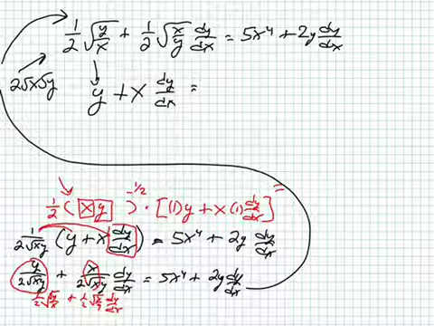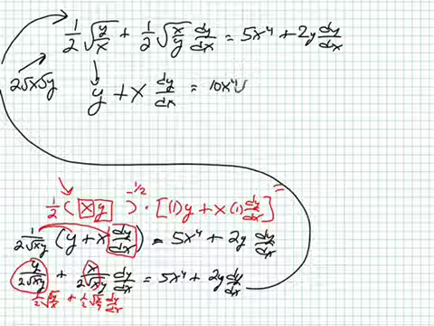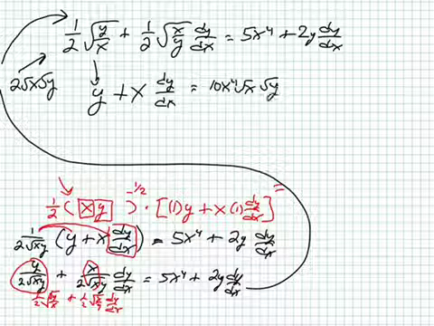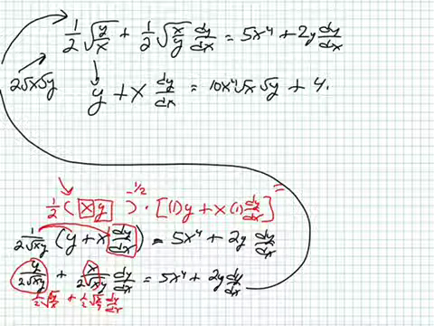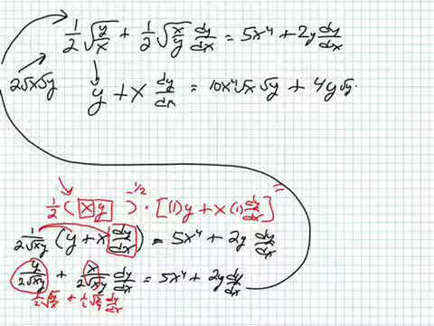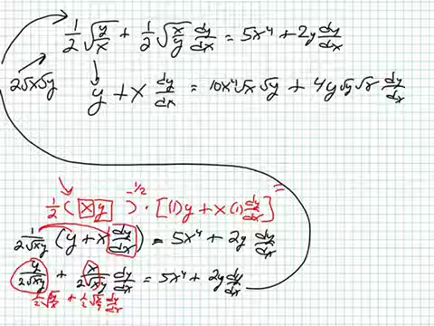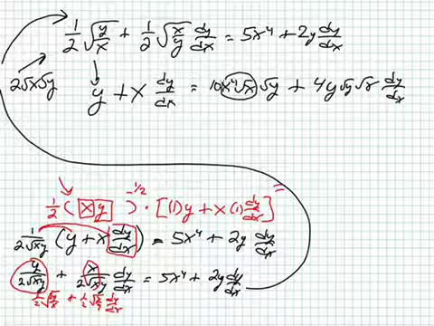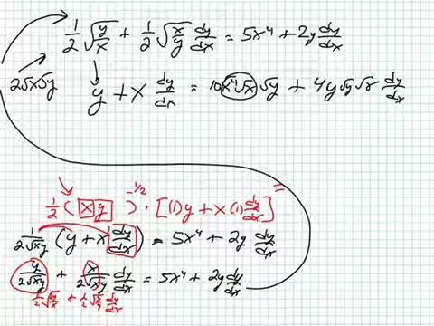So I've got 5x to the fourth times 2 square root of x square root of y. So this is going to be 10 times x to the fourth times the square root of x square root of y plus 4 times y times square root of y square root of x dy/dx. Here x to the fourth times x to the 1/2 is going to be x to the 4 plus 1/2.